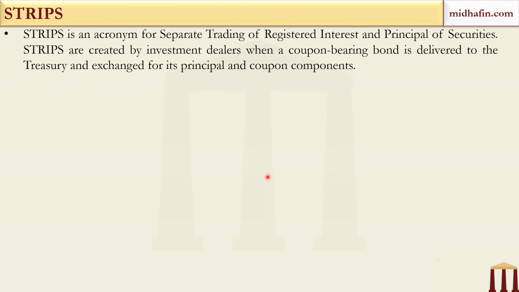Now these big institutions actually strip the coupons and principal. That means they will create new securities. One is called a C strip, a coupon strip. If I buy the 6-month C strip, that means at 6 months from now, whatever face value I have opted for, I will receive the coupon and end of the story.